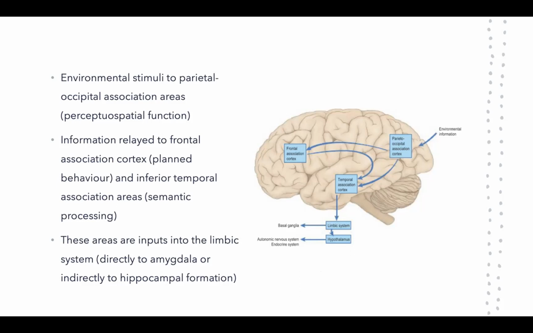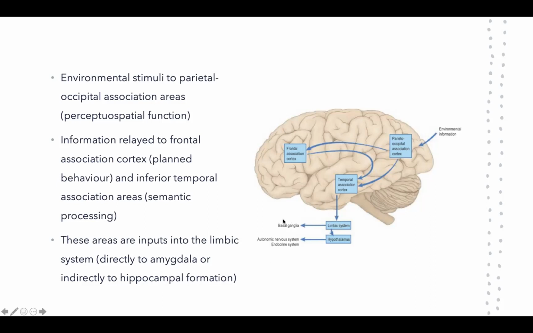It can enter the limbic system through two different ways. It can go through the amygdala, which we'll talk about as a component of the limbic system, or the hippocampal formation, which we're also going to talk about. So there's two parts of the limbic system. From there, it can go through two ways, the outputs.